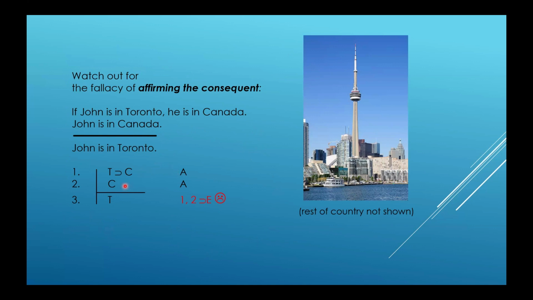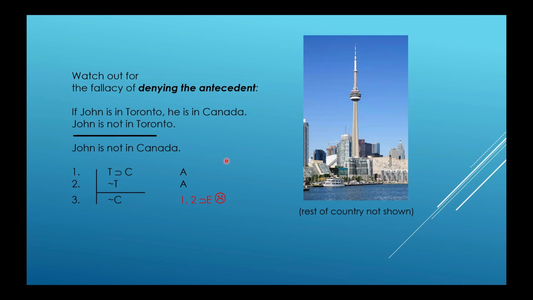If T, then C, C, therefore T. So you have the conditional, you have the consequent of the conditional, and then you infer the antecedent. This is not a valid argument. I know that there are a lot of people in Toronto. I lived in Toronto for a while, and there are a lot of people there who think that the western border of the nation is basically Mississauga, but this is not in fact true, and this is not a valid argument.